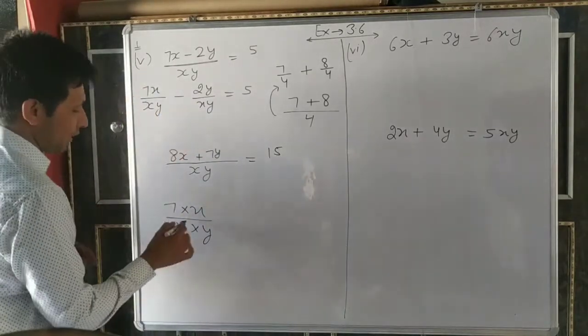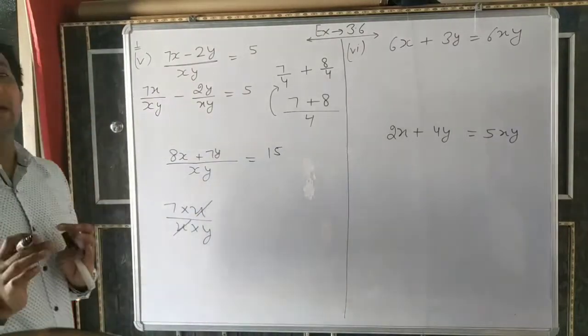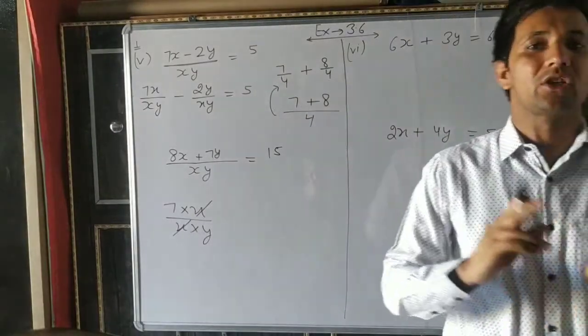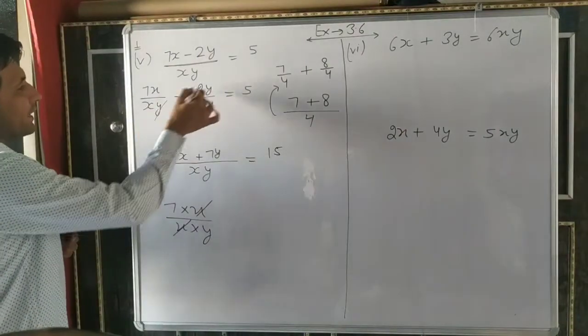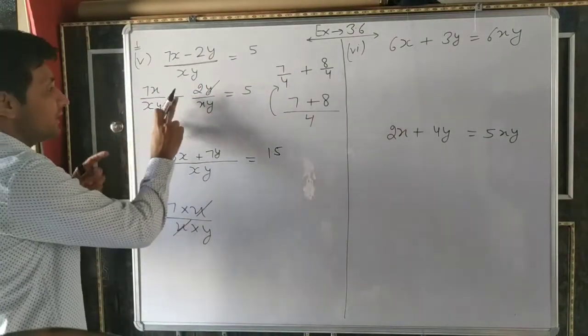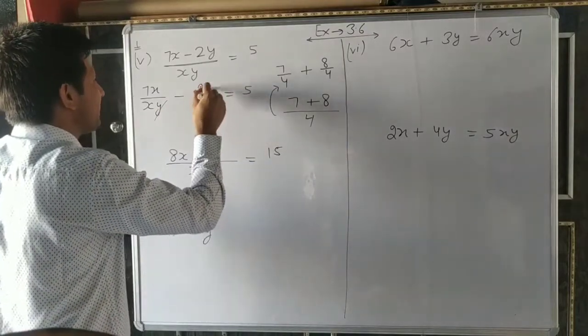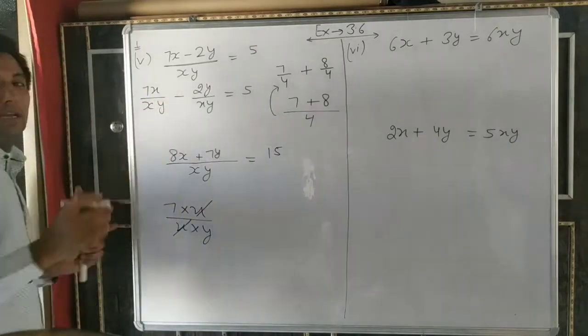All are in multiplication, so x cancels x. Always remember, dear, we can cut numerator and denominator when they are in multiplication, not in plus and minus. You cannot cut y with y in the middle, because a minus sign is given there. We can cancel only in the case of multiplication.